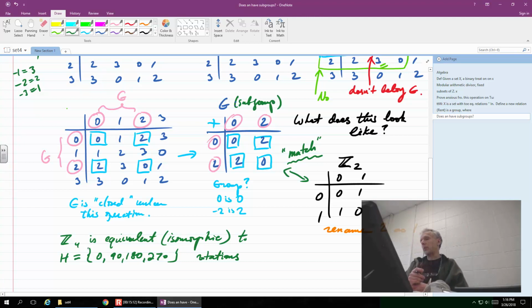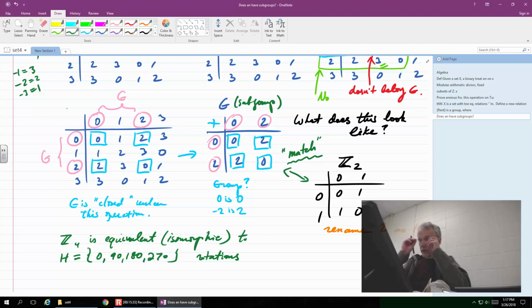And Z4 is a good example of this. Why? Because it is the simplest. If I have a group of 4 elements with this property, what is the simplest one? You just put numbers between 0 and 3, and you just carry out addition mod 4.